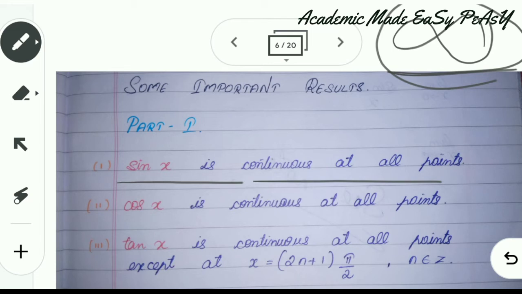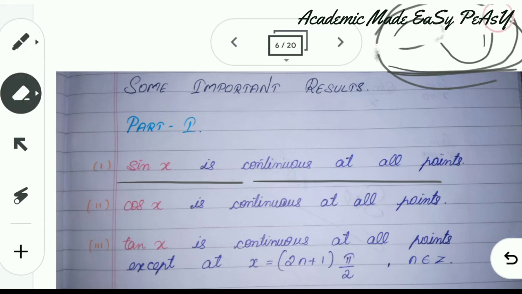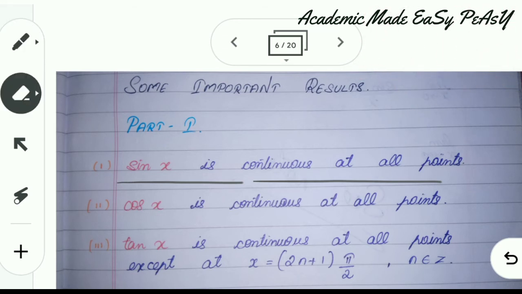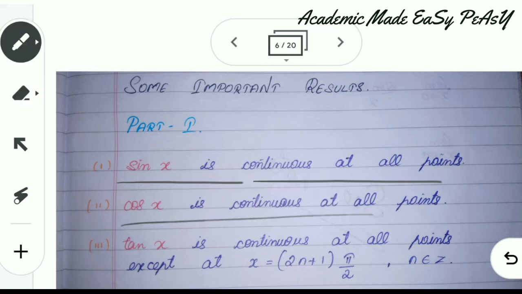Since sin x does not have any not defined point, we are saying that sin x is continuous at all points. And if you see cos x also does not have any not defined point, so therefore we say that cos x is continuous at all points.